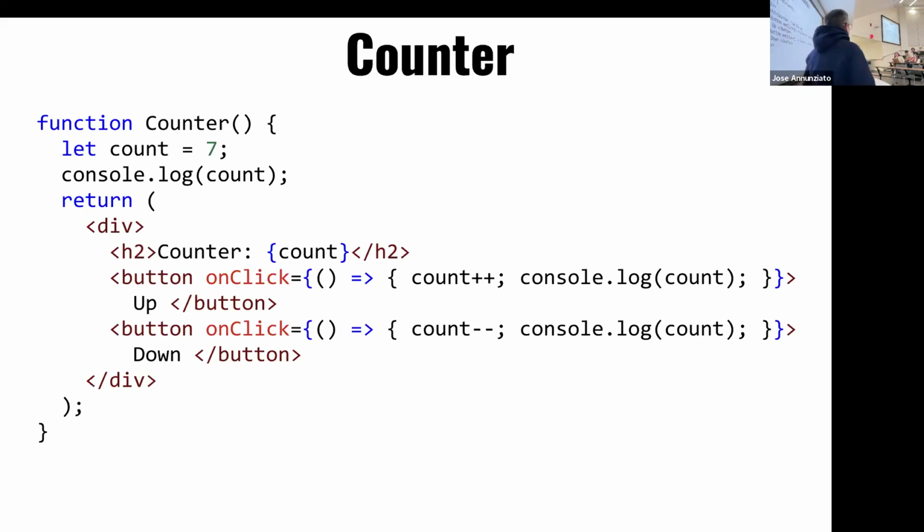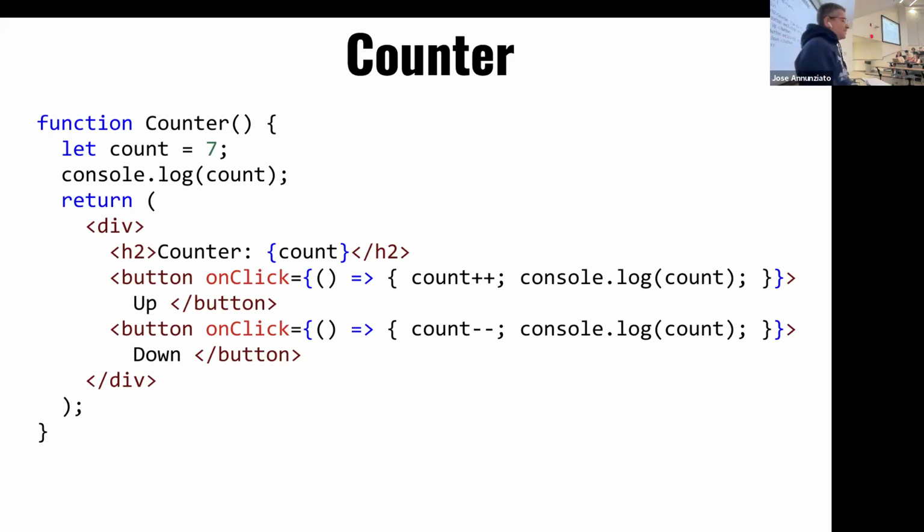We say, hey, I know you ignore most changes to most variables. This one you should not ignore. If this changes, go ahead and re-render the piece that it is responsible for.